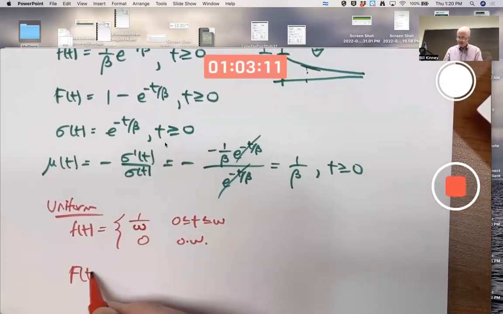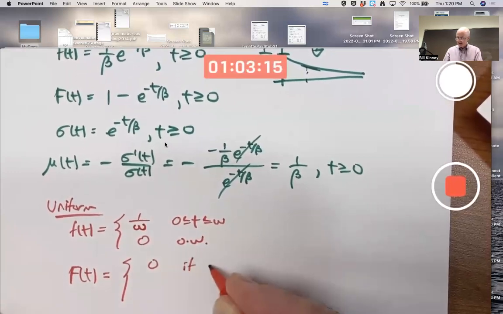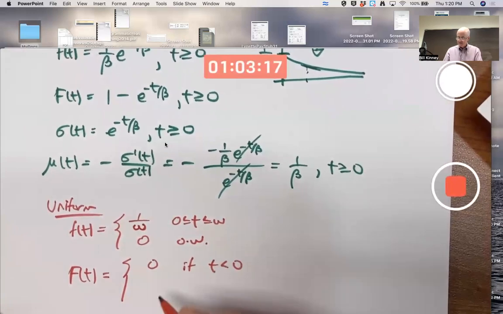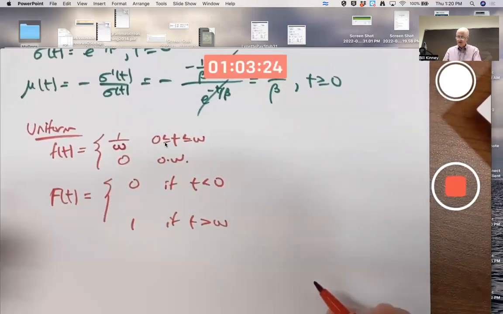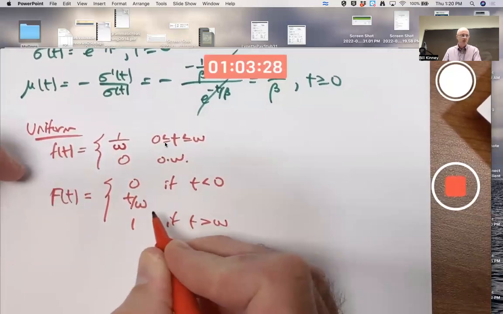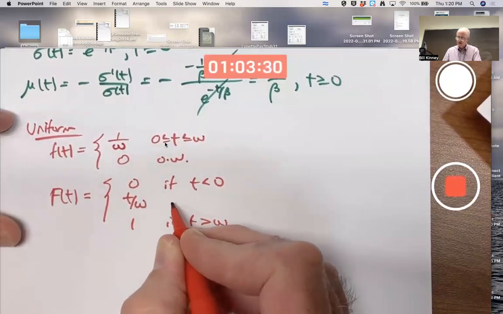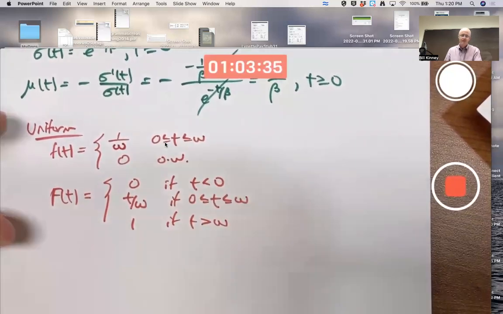The CDF is going to be, well, technically 0 if t is negative, 1 if t is bigger than omega, and the integral of this, t over omega plus c, but the c will be 0 if t is between 0 and omega.